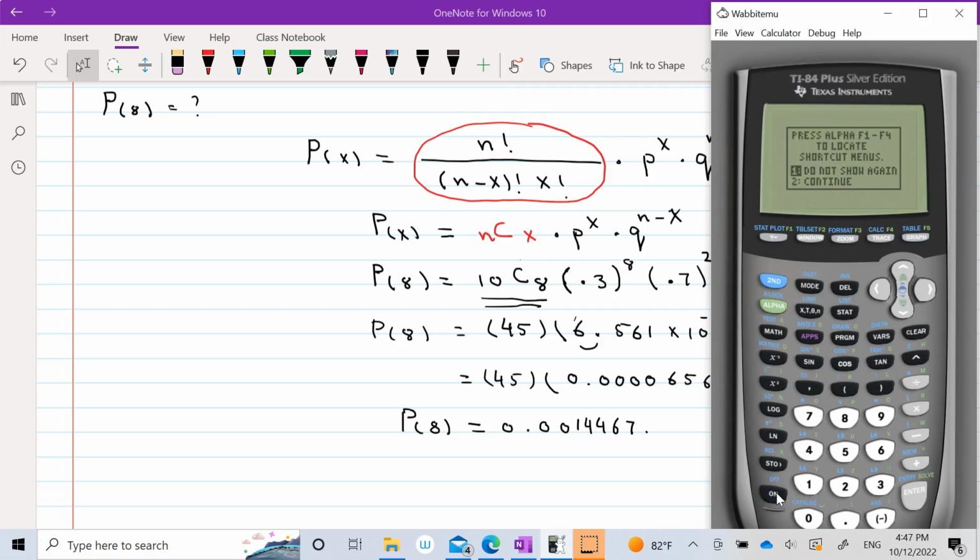Yes, let me turn it on again. Now, let me see if we have it in math. No.